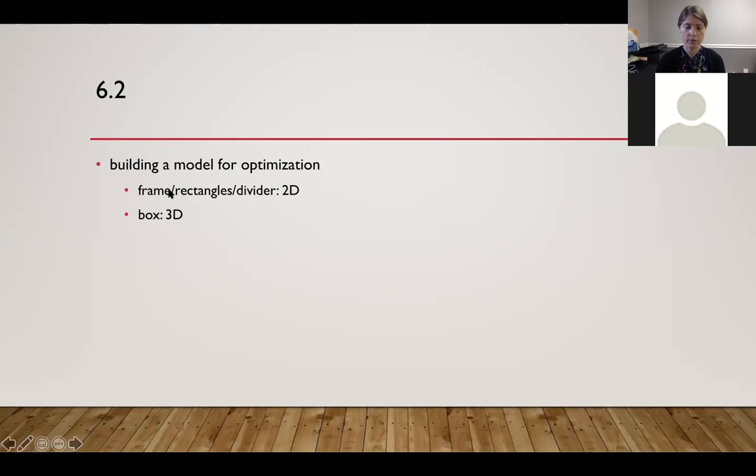What I really want you to focus on is the 2D examples. Most of these are rectangles. So for example, in the Desmos activity 1, you're looking at a picture frame. In some of the ones on your MyMathLab homework, you have like a rectangular pen and you put dividers in it. And so it's kind of a variation of that rectangle.